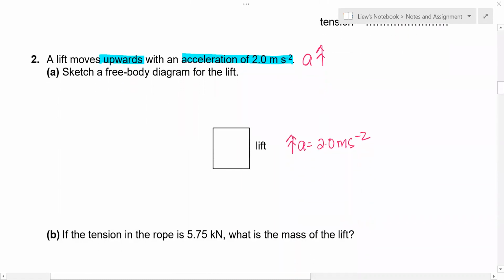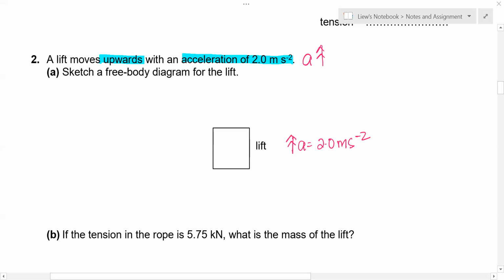Question 2, a lift moves upwards with an acceleration of 2 meters per second square. Sketch a free body diagram for the lift. Now, if you take a look at lifts, maybe if you visit the Changi Airport Terminal 3, for example, where the lift exterior is actually glass, take a look at how the lift works.